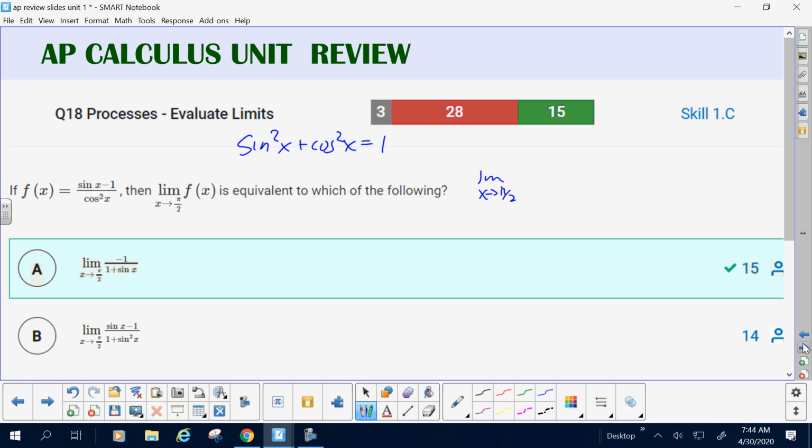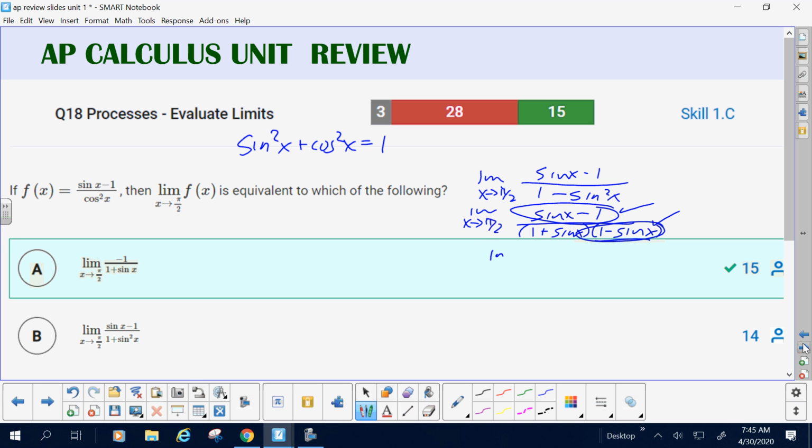So as far as sine of x minus 1, cosine squared is 1 minus sine squared. And if you factor, that's 1 plus sine of x, 1 minus sine of x. Those are not the same. Order matters in subtraction, remember? Okay, so if you want to make them the same to allow you to cancel out, you would have to factor out a negative, so the order would change, and then you could cancel, and that's where they're getting their answer.